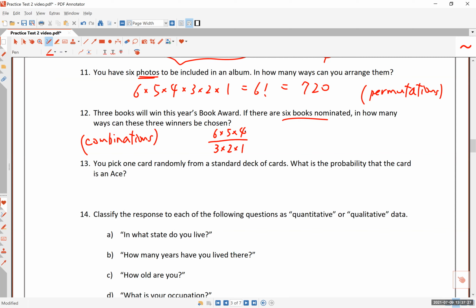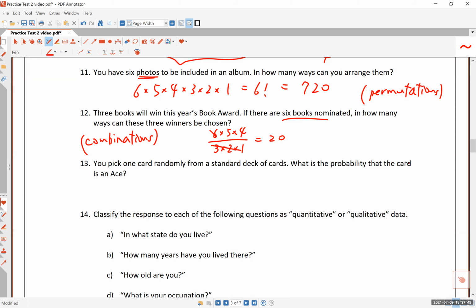So among these 120 permutations, 6 of them would be exactly the same. So they come in groups of 6. So you have to divide this top number by 6, because the denominator is 6. And so the answer is 20 different ways to choose the 3 winners.